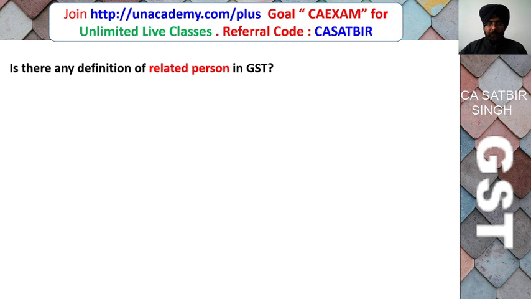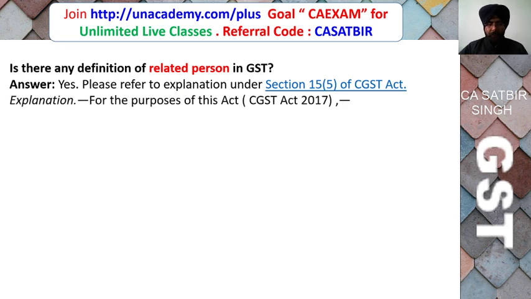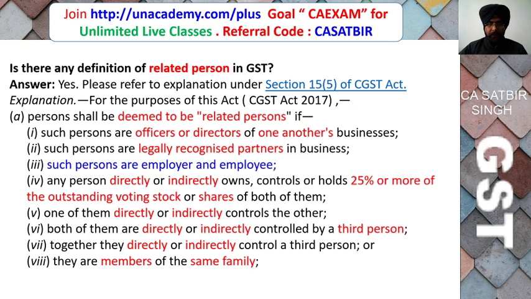So what is the definition of related person in GST? It is given in section 15 subsection 5 of the CGST Act, not in section 2. Normally all definitions are given in section 2, but the related person definition is given in section 15, which deals with the transaction value concept, how GST has to be paid. So the following persons are deemed to be related, although they are not related. It is not that only family members are deemed to be related.